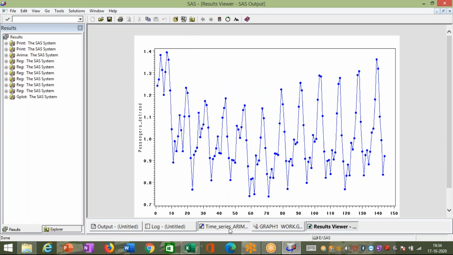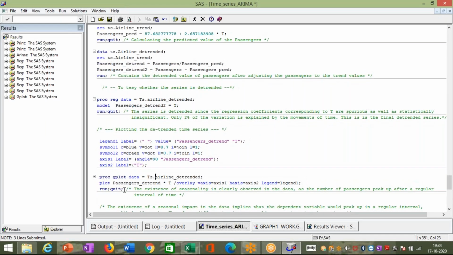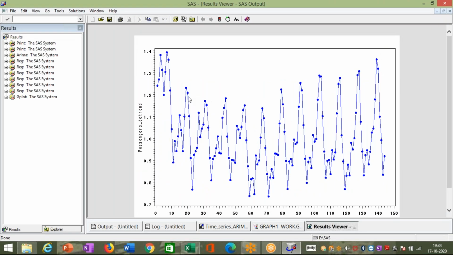Now when I plot this series, the passengers detrended series against time, you see that this is how the series looks. There is no definite pattern whatsoever, right? So this series is completely independent of the impacts of time.